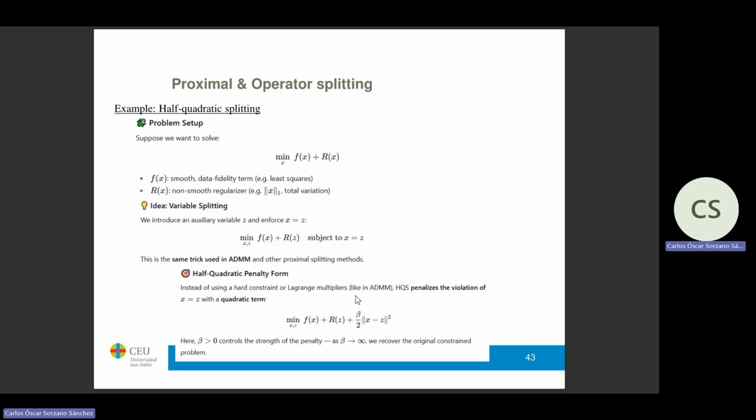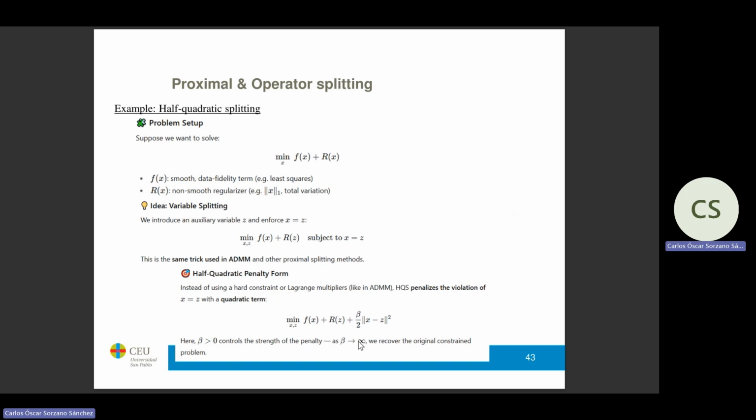In this penalization, you try X to be as close to z as possible. So on top of the data fidelity term and the regularization, now you have this constraint you are trying to enforce, in which X has to be similar to z. And the regularization parameter has to be larger than 0.